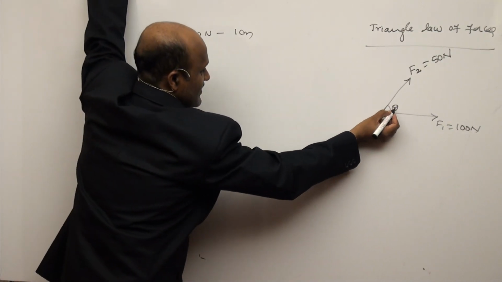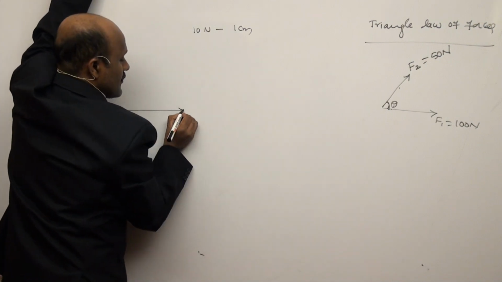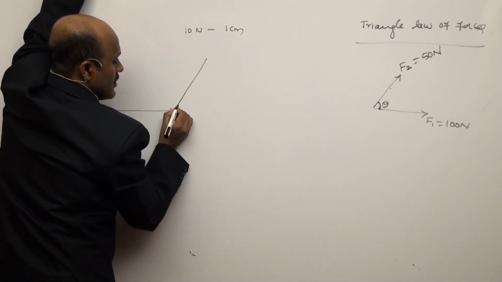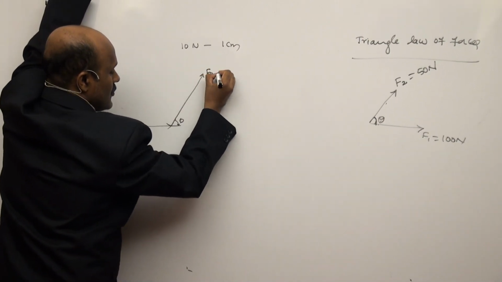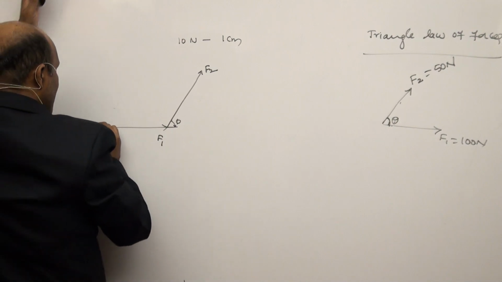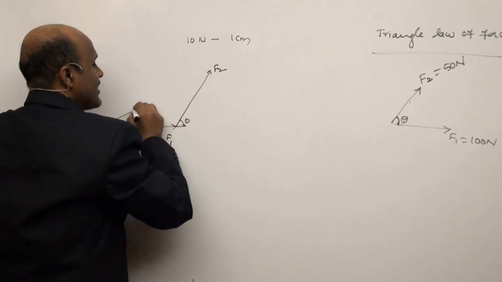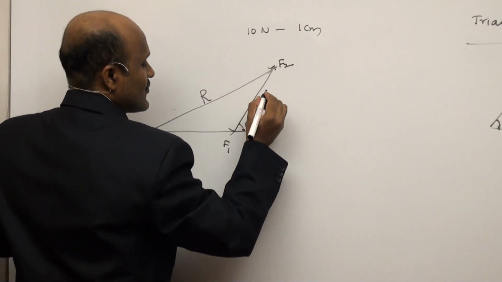Again, mark this theta, the angle F2 makes with the horizontal. So draw a line; this is F2 and this is F1. By joining this point and this point, you get the resultant of these two forces.